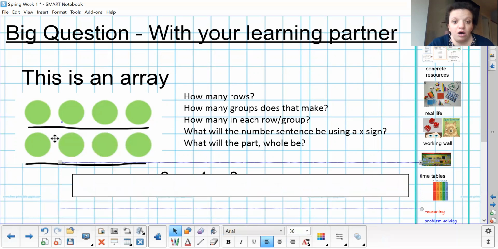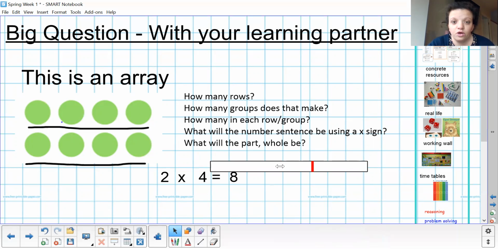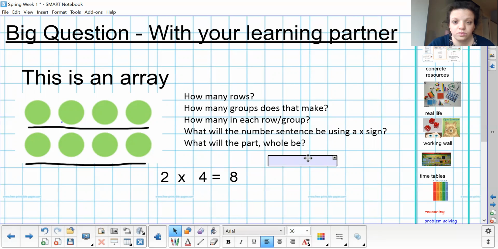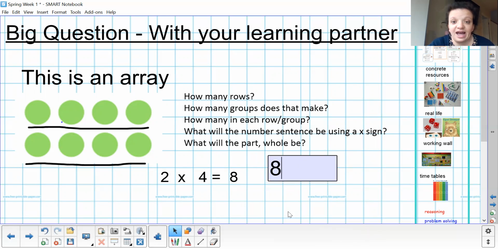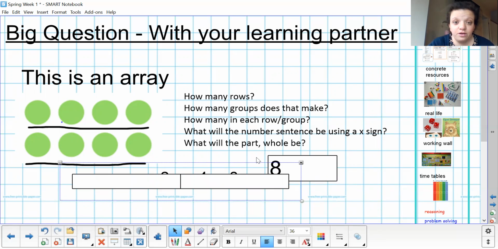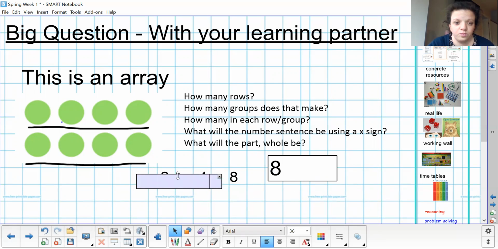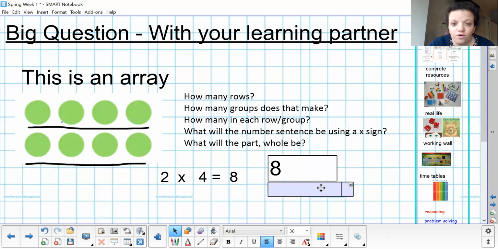And if we show that as a part whole, my whole number, if I move it over here, would be 8. And then I'm going to have 2 parts, because remember that's how many groups I've got. So I'm going to have 2 parts, and they are going to each have a 4 in them, and they're going to be the same.